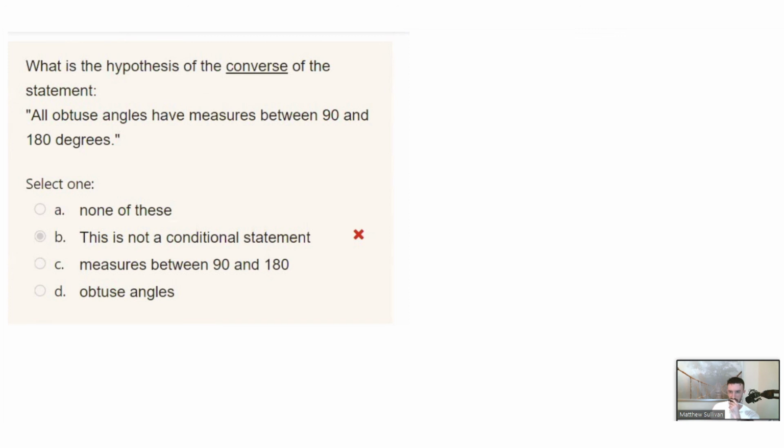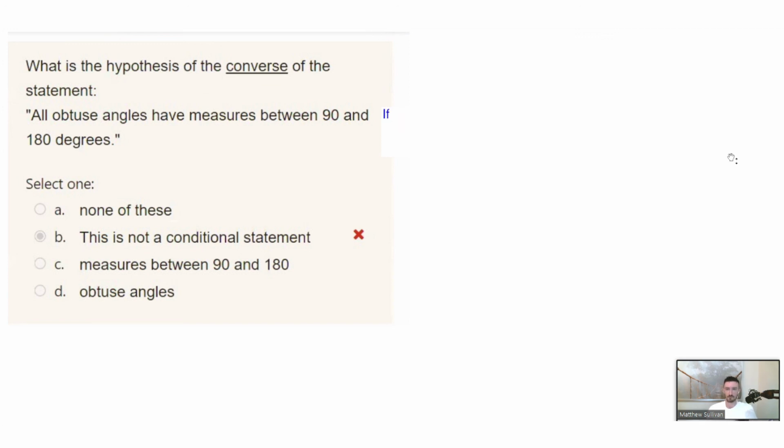So he actually explained this one, and from my understanding, I initially thought that if it didn't say if, then it wouldn't be a conditional statement, but he said it doesn't have to be, and therefore C is the answer. Yeah, we could rewrite this as a conditional, in the format if, and what would we say?